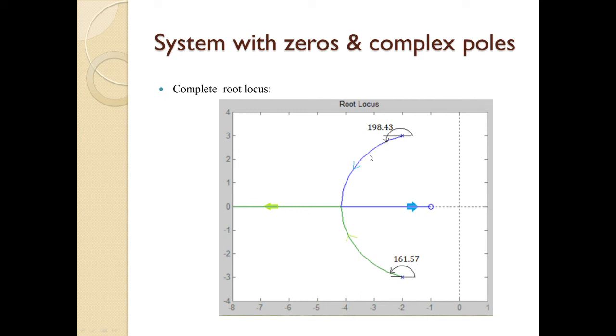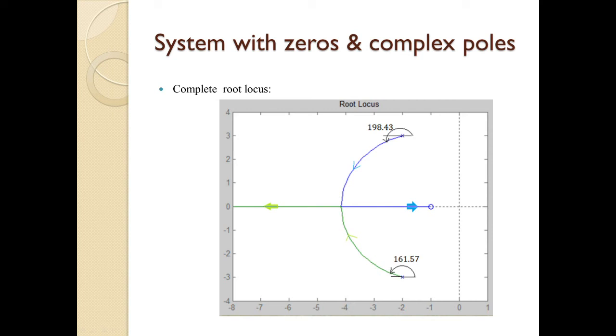And for the minus 2 minus j3 pole, the angle of departure is minus 161.57 degree, and from this angle the branch comes out from the second pole location. Both of these will join at the breakaway point.